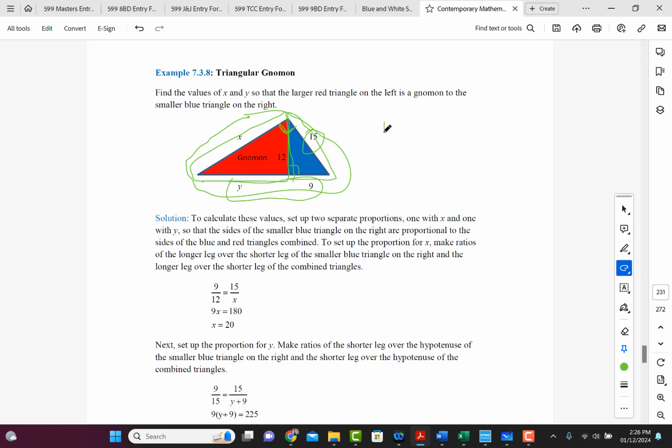Also, the shorter leg, 9, corresponds to, excuse me, the shorter side of the blue triangle corresponds to 15, which is the short side of the larger triangle.